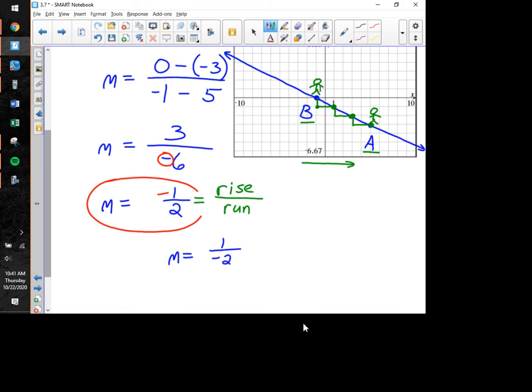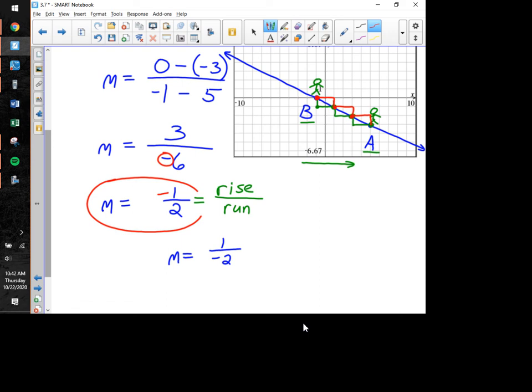That would kind of explain, everybody, how to get from point A to point B. Here, your rise would be +1 and your run would be -2. So from point A, a rise of +1 means up 1, and a run of -2 means left 2. Up 1, left 2, up 1, left 2, and sure enough, that's how you can get from point A to point B in 3 easy steps.